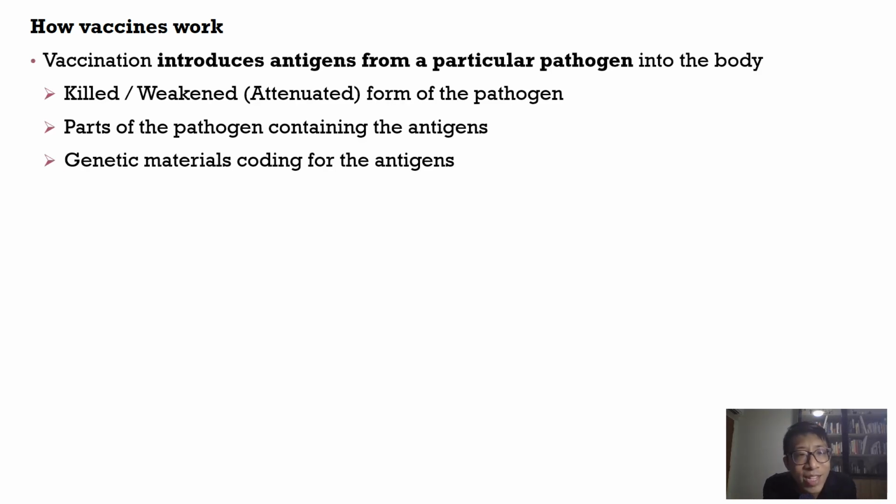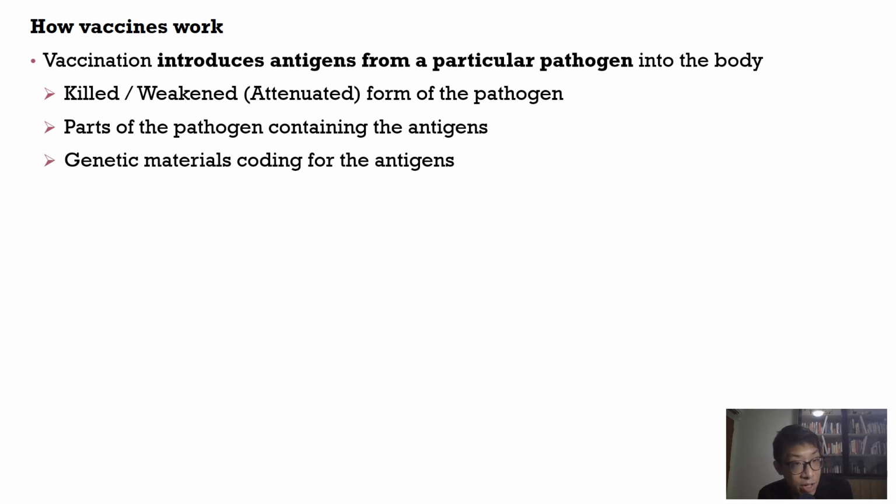Right, so what vaccines really are is that vaccines contain the antigens from whichever pathogens that we want to be protected against. Right, so the introduction of this vaccine would introduce the pathogen or the antigens of the pathogen into the body. Okay, so the types of vaccines, right, there are different types.